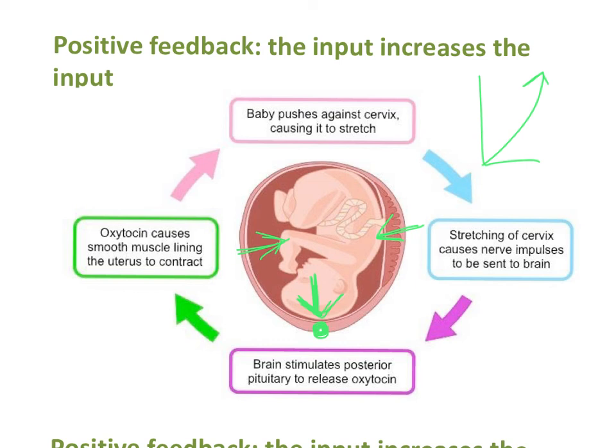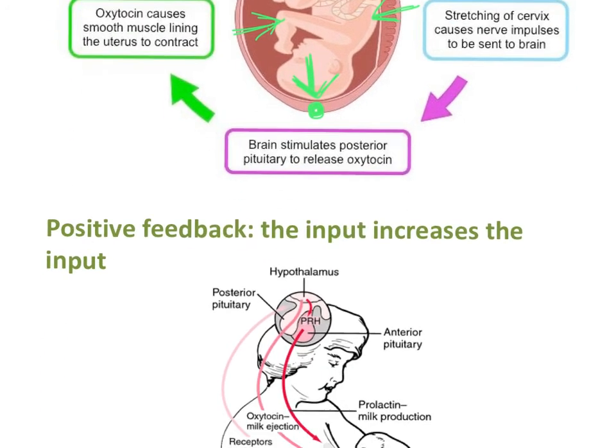This causes more contractions, which causes more pushing of the baby's head on the cervix, which causes more contraction and more pushing, until bam, the baby is out. At that point, there would be no contractions and no pushing on the cervix because there's no baby there. So it's an amplification of the signal.